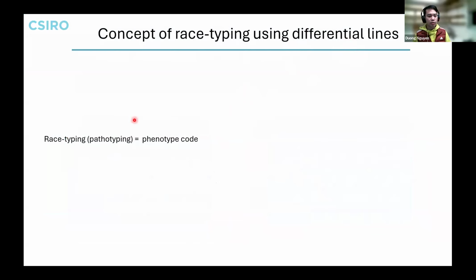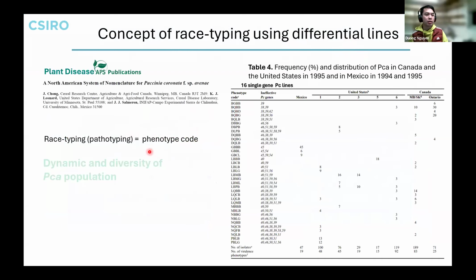For this, race typing, also called pathotyping, is a process to assign a phenotype code to different isolates. With that, we can identify what pathotypes are present, where, and in what frequency. Here I just want to show you a paper published by Chong in which he describes a North American system of nomenclature for the PCA population.